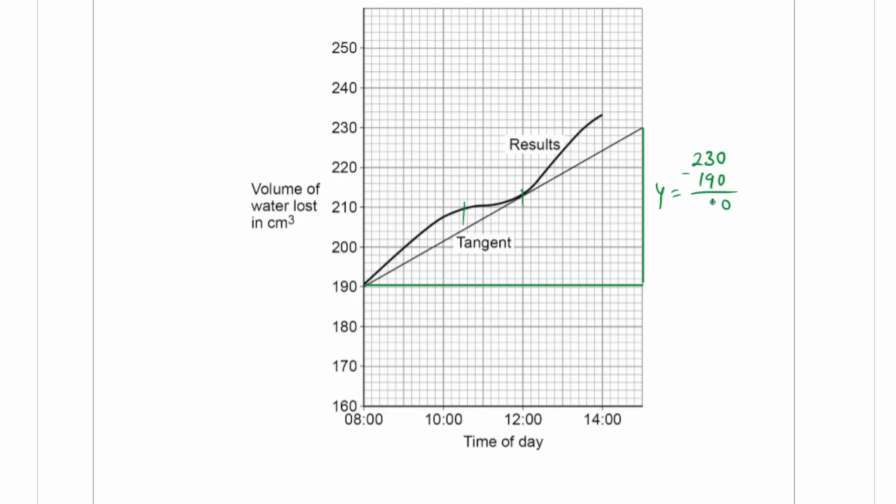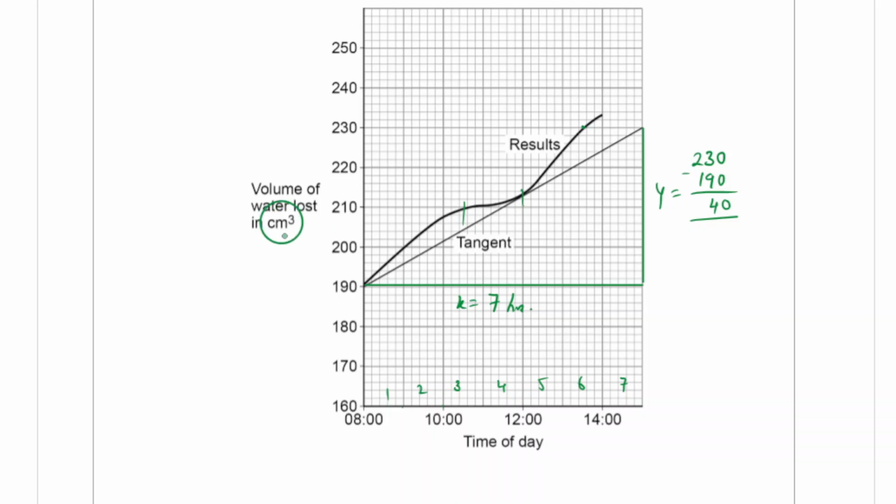That would give me 40. And the x value is in terms of hours. So 8, 9, 10. So that's 1, 2, 3, 4, 5, 6, 7 hours. So taking that, 40, yeah. So let's take that. X is equal to 7 hours.